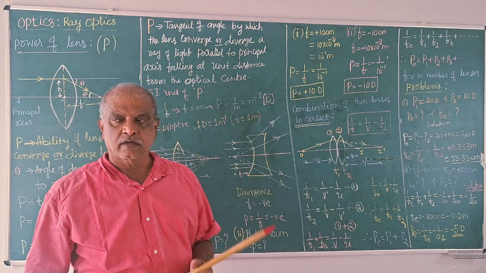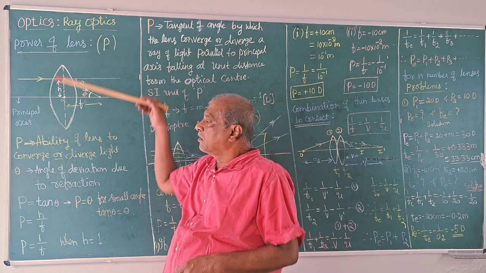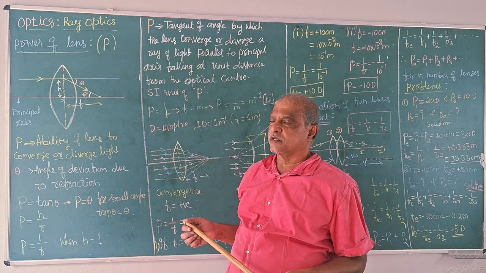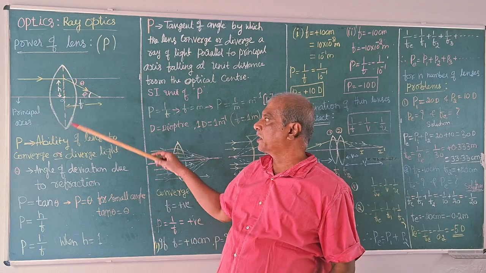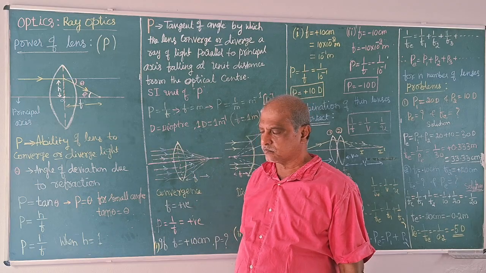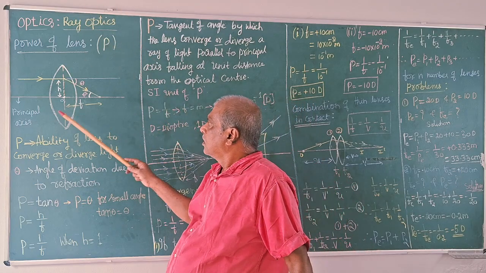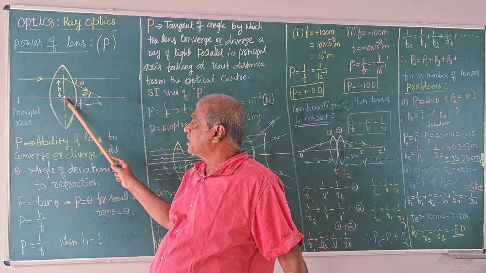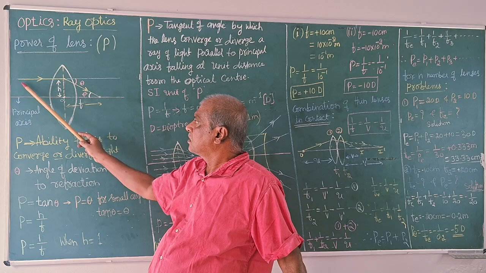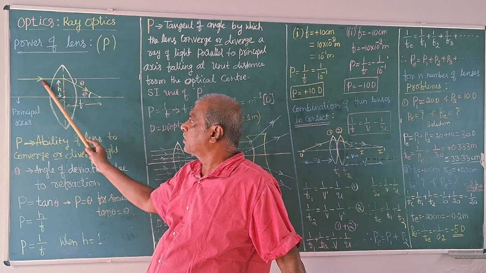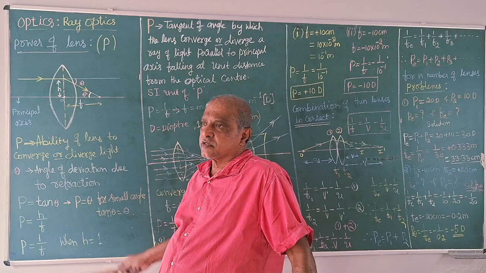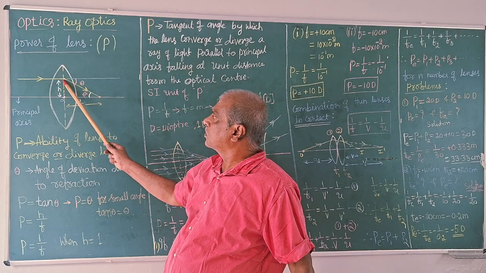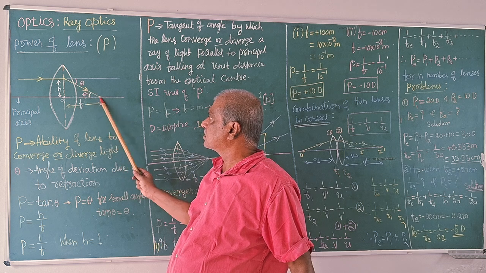Let us come to the point, the definition of power of lens. Let us go deep into the concept. This lens I have taken converging lens, and this is the principal axis passing through the optical center. The incident ray parallel to the principal axis, just passing through it undergoes refraction like this.